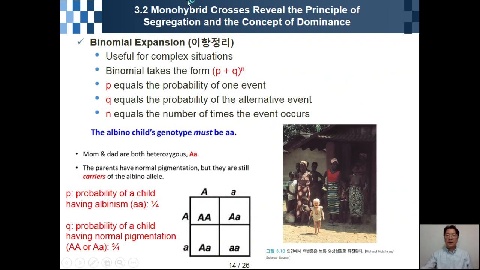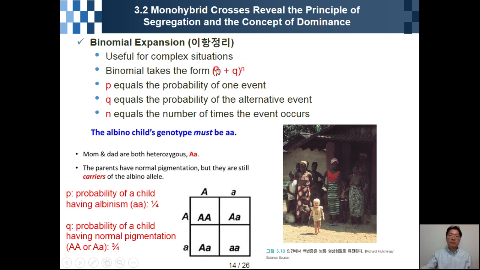So in this slide, I will explain the binomial expansion. In Korean, we call it 이항정리. This binomial expansion is very useful for complex situations. The binomial expansion takes the form of (p + q)^n.